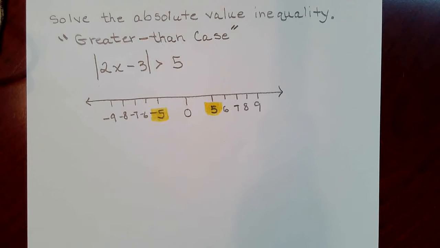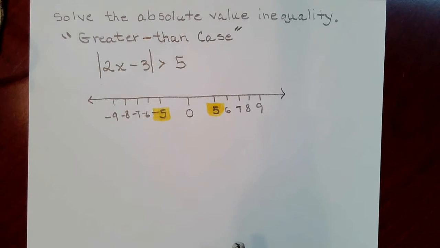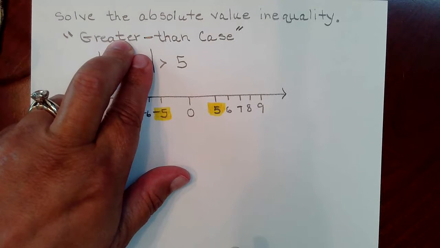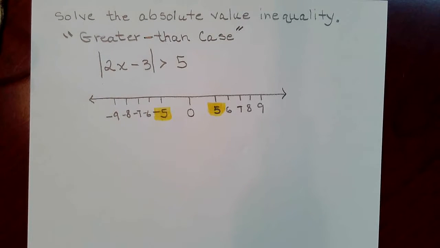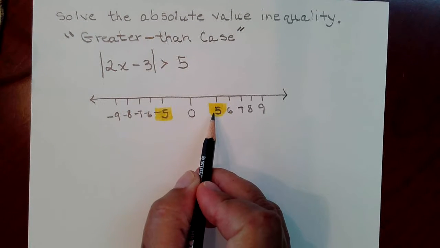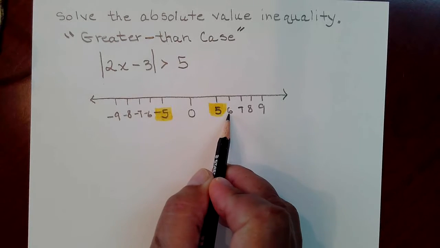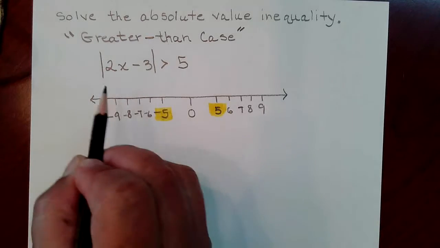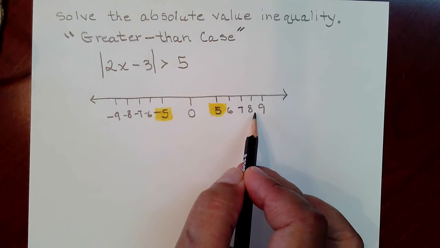If you disregard just momentarily the expression that's inside of here, you're basically just looking at an expression that says, what can you take the absolute value of that is greater than 5? And if you look at this number line, you notice that anything that is on the right side of the number 5, such as 6, 7, 8, 9, any of those numbers, if you take the absolute value of any of these numbers, you're going to be greater than 5.